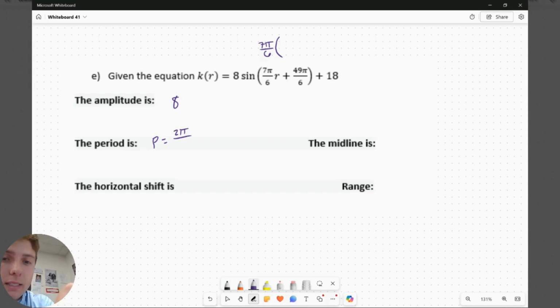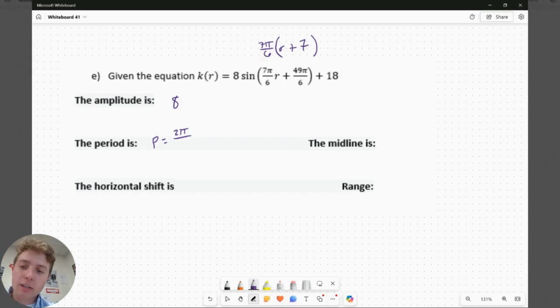So 7pi/6 goes in front of r. But I also need to divide 7pi/6 out of the 49pi/6. Well, when you do that division, the 7 pi is going to divide the top. So 49 pi divided by 7 pi would just give me a value of 7. And the 6 is going to divide the other 6. So 6 divided by 6 gives us a value of 1. Or you could just call that 7.